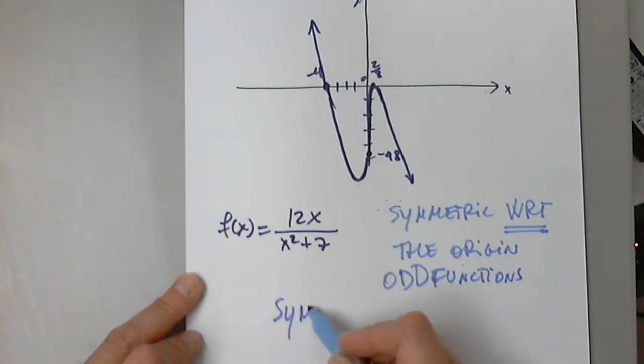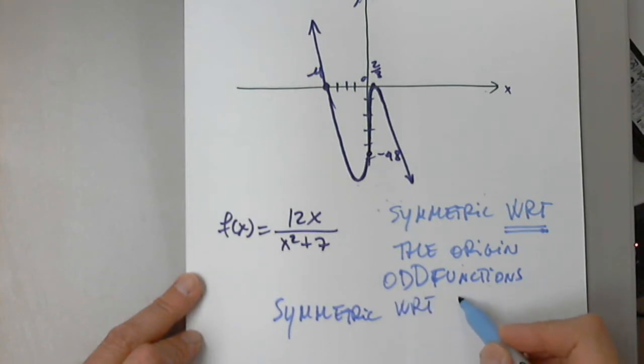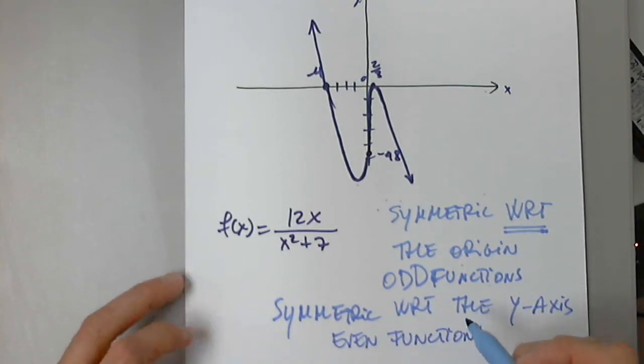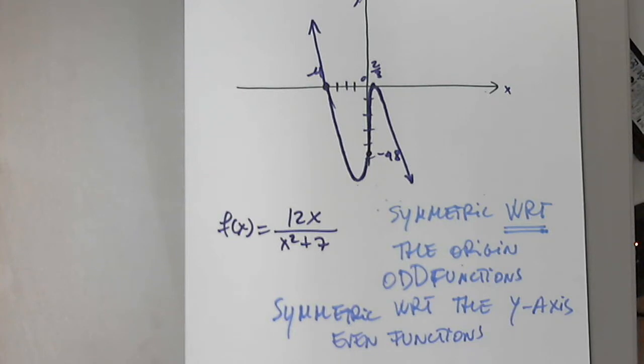Or they can be symmetric with respect to the y-axis, and we call them even. This notation or name does not have anything to do with the degree or anything. It just says that the function is symmetric with respect to the origin, or a function is symmetric with respect to the y-axis. Nothing else.